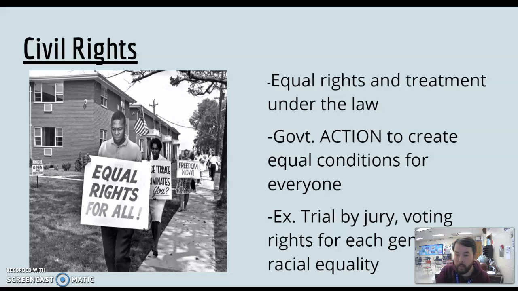Everybody has the right to trial by jury. Everybody has the right to vote. Racial equality is strived for in this country. Now, civil rights are not always protected as they should be by the government historically, because the government is not a perfect entity, but the government strives to provide civil rights, okay?